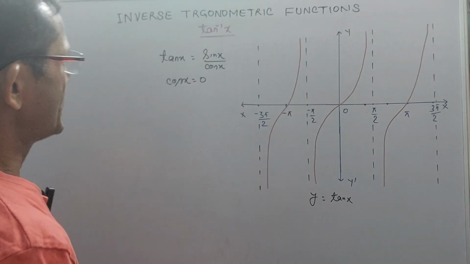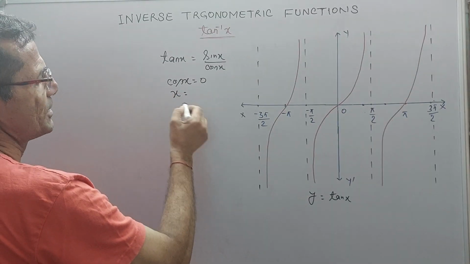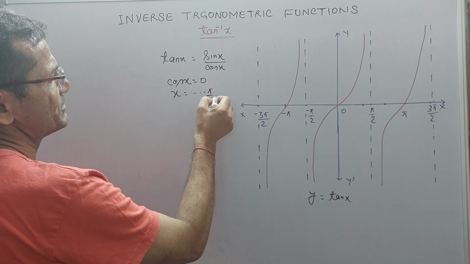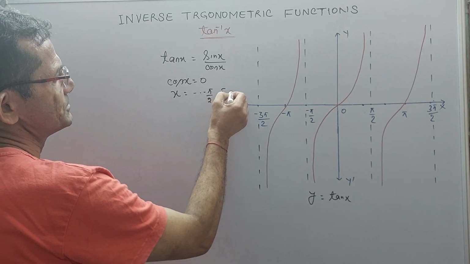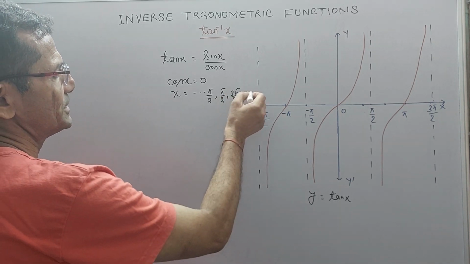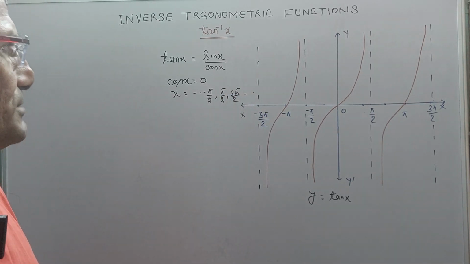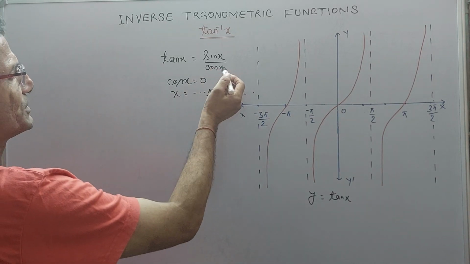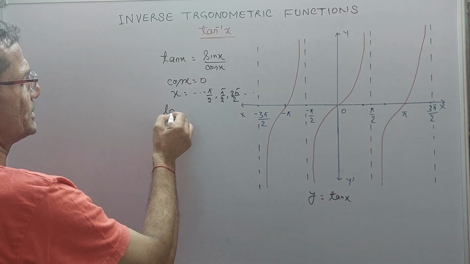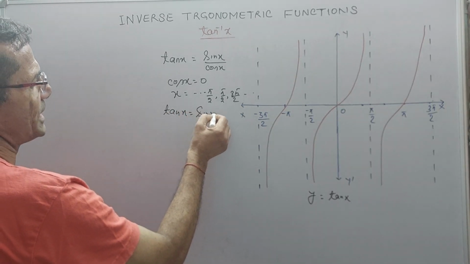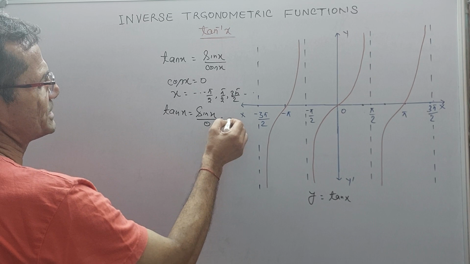Cos x will be 0 at the points minus pi by 2, pi by 2, and 3 pi by 2, and so on. It means that in the odd integral multiples of pi by 2, cos x will be 0. So for these values, tan x will be sin x upon 0, which comes out infinite.